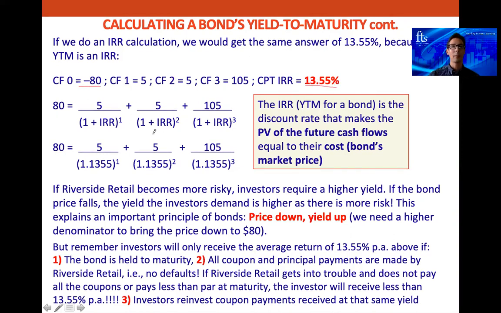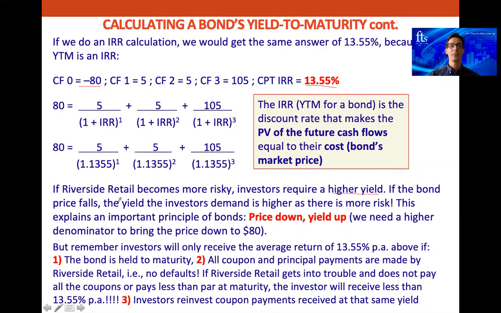So I double checked, and you can see that if we plug in 13.5% here and not 8 anymore, then the price is going to be $80 and not 92 anymore. Okie dokes. So as we can see, and we've mentioned this already on the previous slide, now we're going to do it again in more detail. If Riverside Retail becomes more risky, investors require a higher yield.